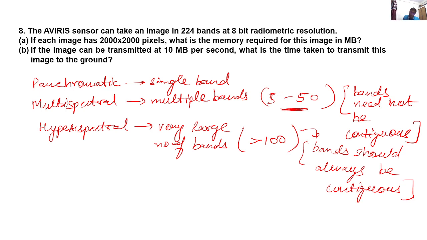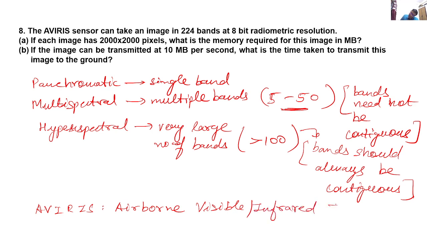again. I just wanted to give a brief about what AVIRIS is. AVIRIS stands for Airborne Visible Infrared Imaging Spectrometer. It's a hyperspectral remote sensing sensor.